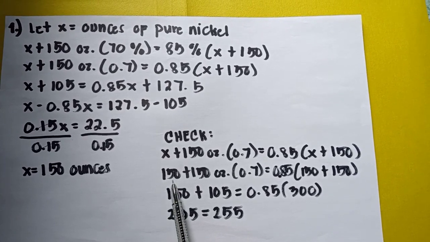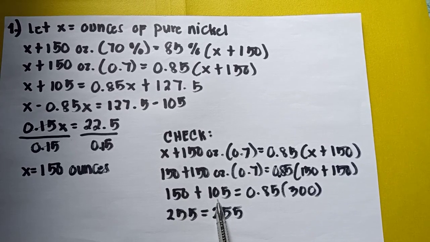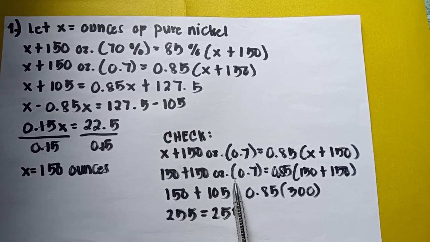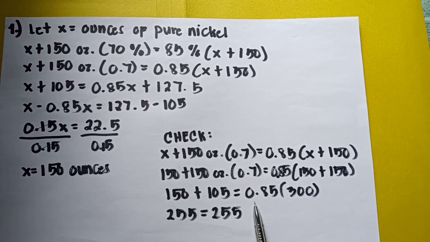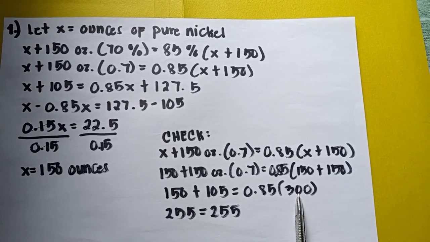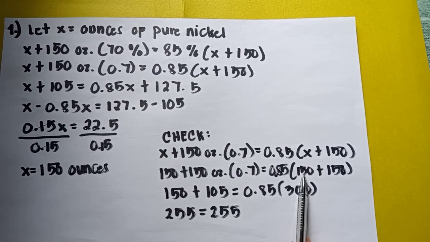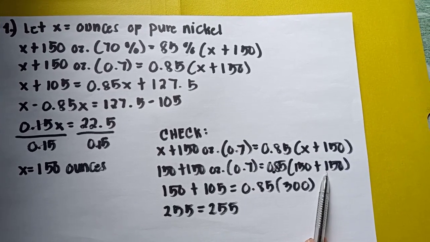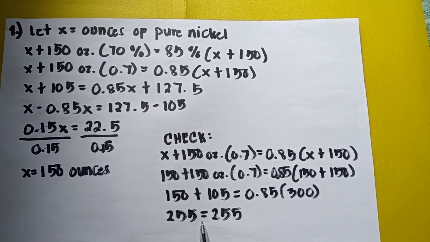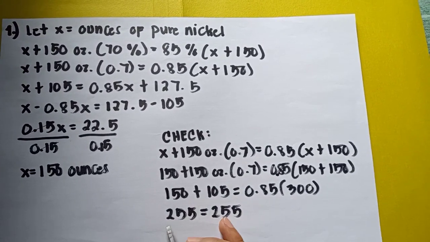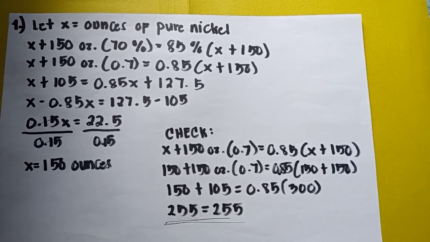So 150 plus 150 times 0.7 is 105, plus 105, and 0.85 times 300, so 255 equals 255. So our answer is correct.